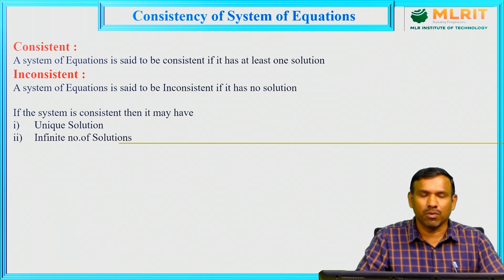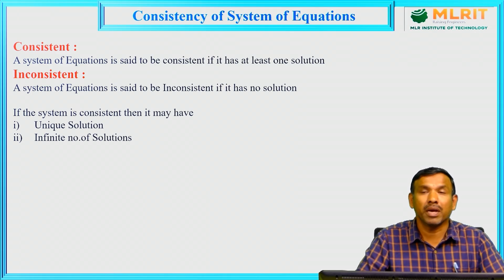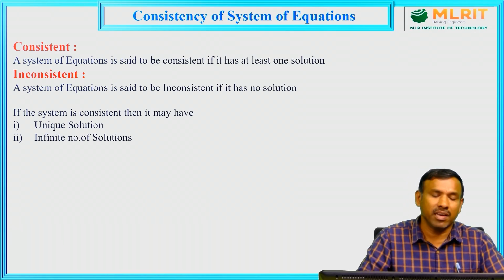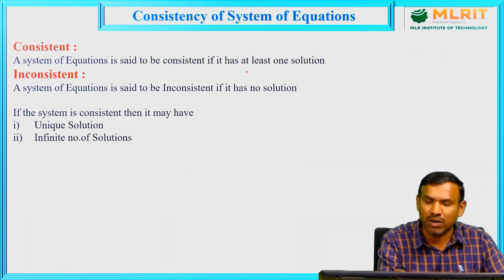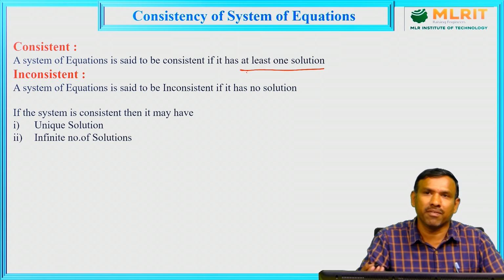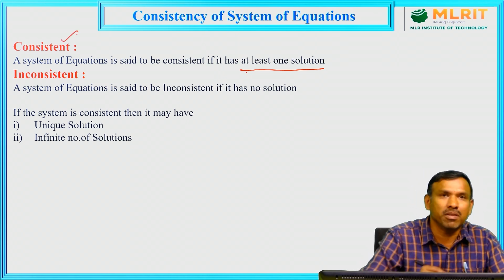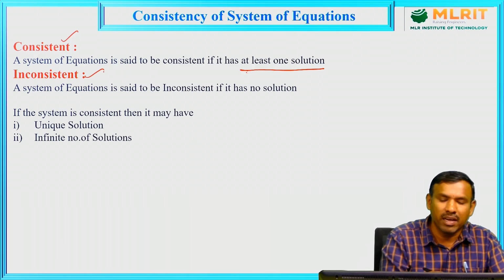Now, two small definitions: the consistency and inconsistency of a system of equations. When can we say a given system is consistent, and when inconsistent? If the given system has at least one solution, maybe one, two, three, or infinite, we call the system consistent. If there is no solution at all, then we say the system is inconsistent.